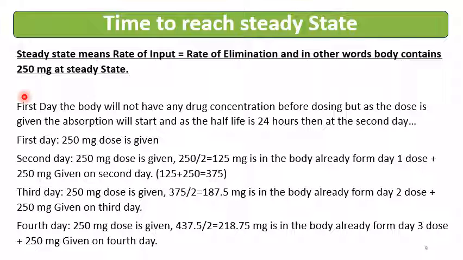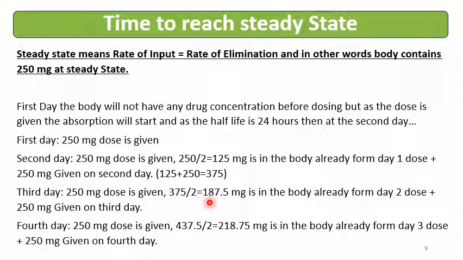So considering the half-life of 24 hours, 250 mg divided by 2, that is the half-life, it will become 125 mg in the body already from the first day, and you are giving 250 mg once again. So consider 125 mg from the last day and 250 mg for today. On the second day, it will become 375 mg. Then on the third day, you will have 375 mg divided by 2.